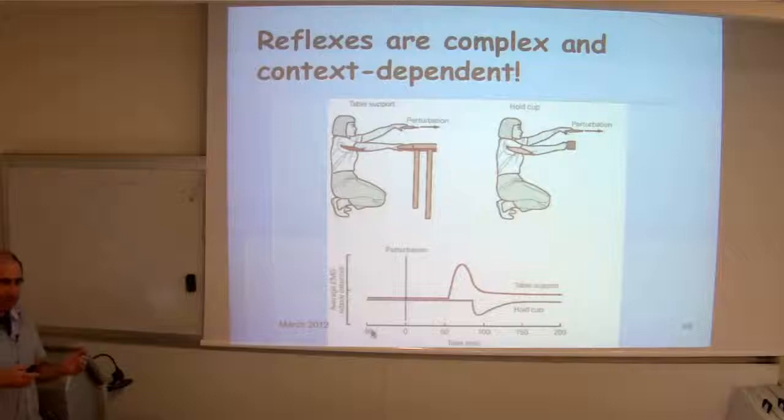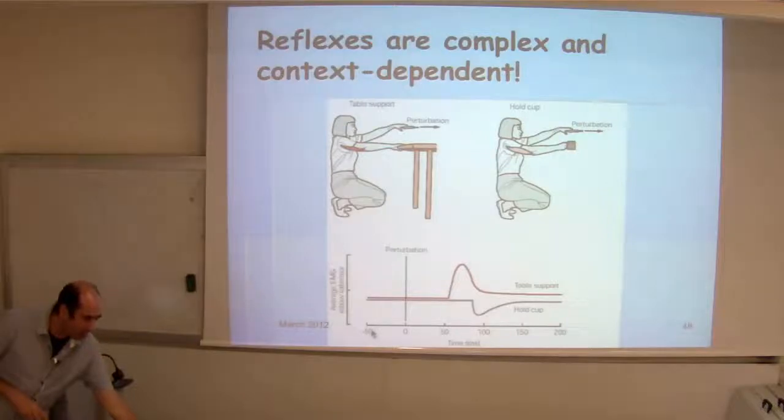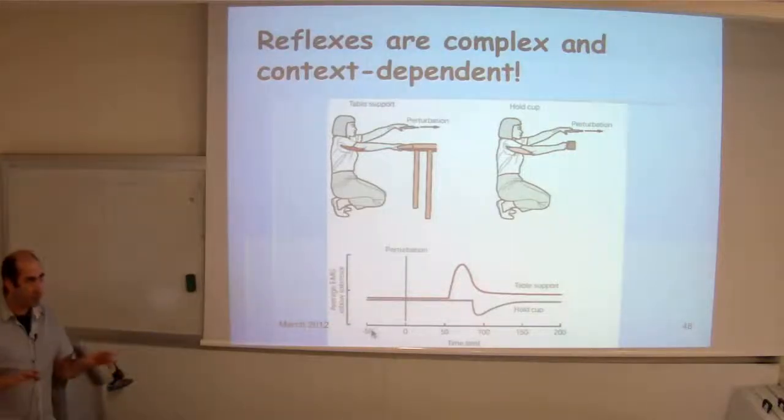I'll give you an example. Look at a fly, or a locust. I think in locust it's even better. Locusts fly, and they have to move the wings. The muscles that move the wings are very strong and very big because they have to create a lot of force.